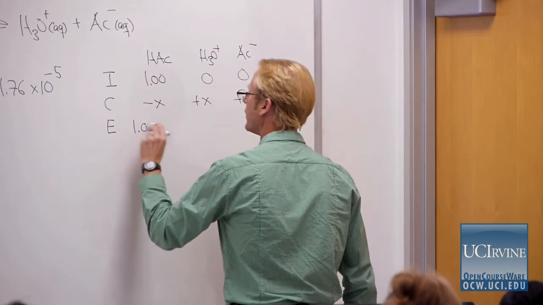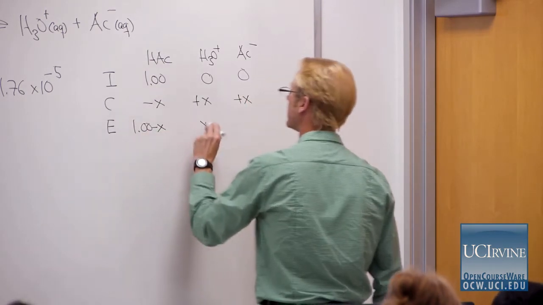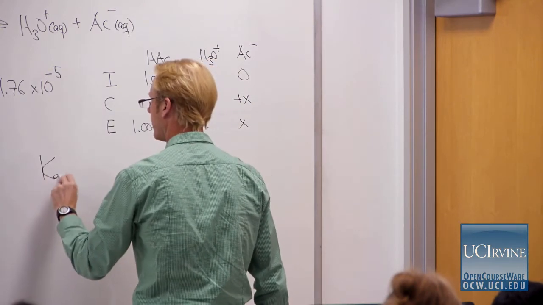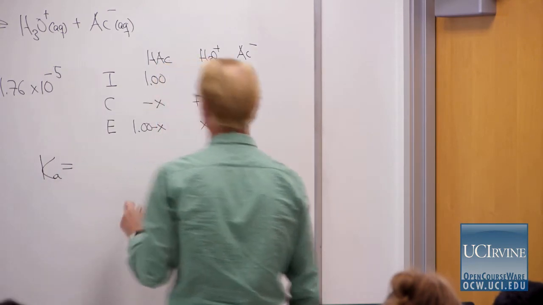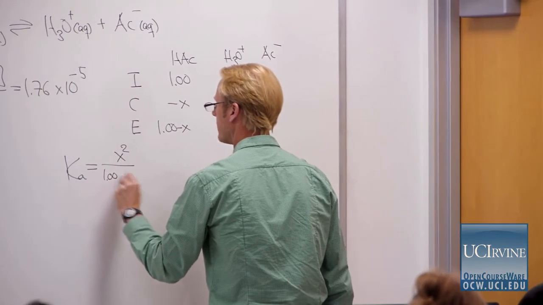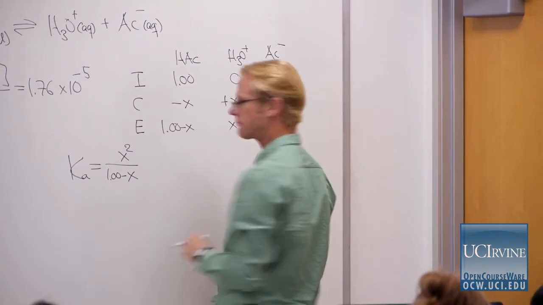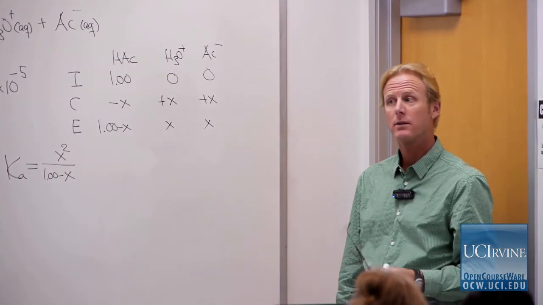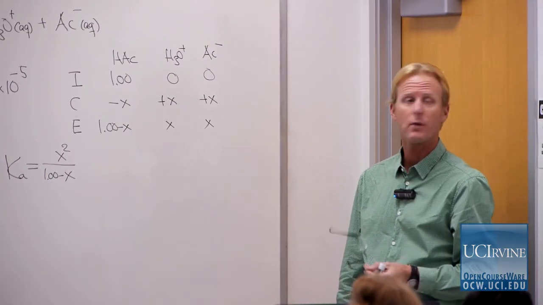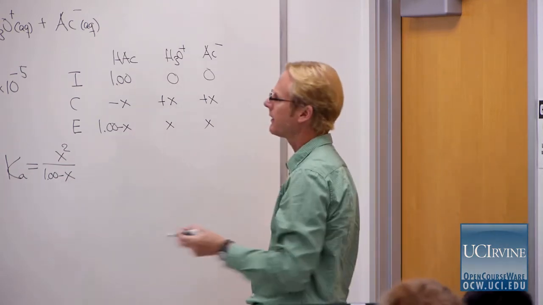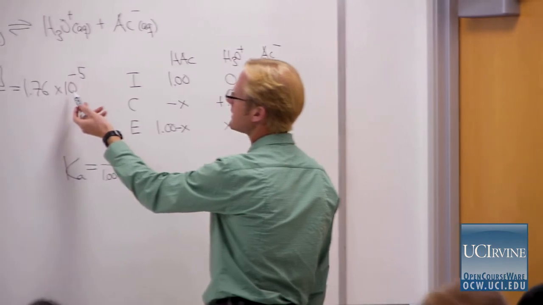So we have 1.00 minus x, x, and x. And so then our problem to be solved is x squared over 1.00 minus x. All right? So that gives us a quadratic equation, which we can solve using the quadratic formula if we need to. Or, in cases like this, the equilibrium constant's 10 to the minus 5.